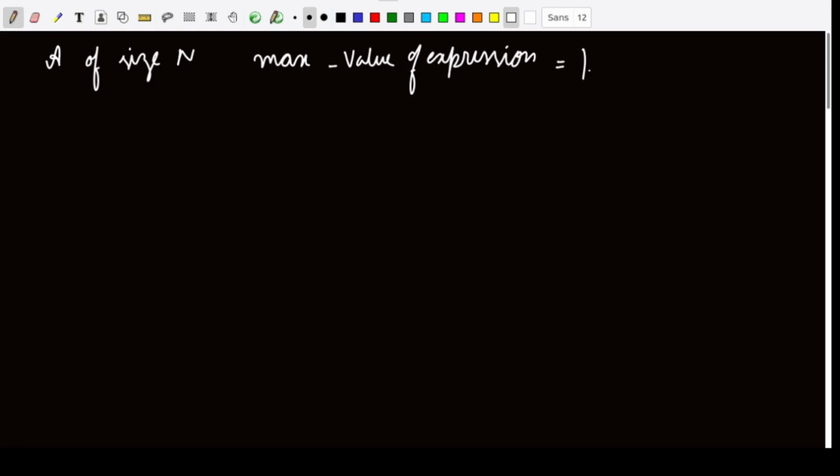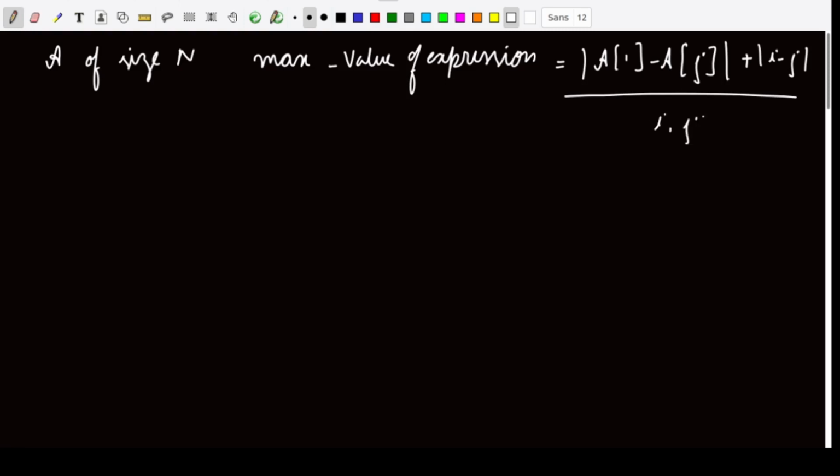What is the expression? |A[i] - A[j]| + |i - j|. So this is the expression and we want to find out the maximum value. And obviously i and j are between 0 and n.